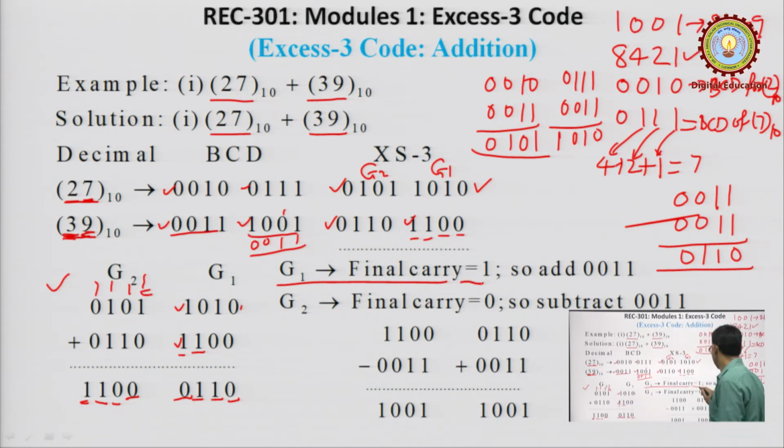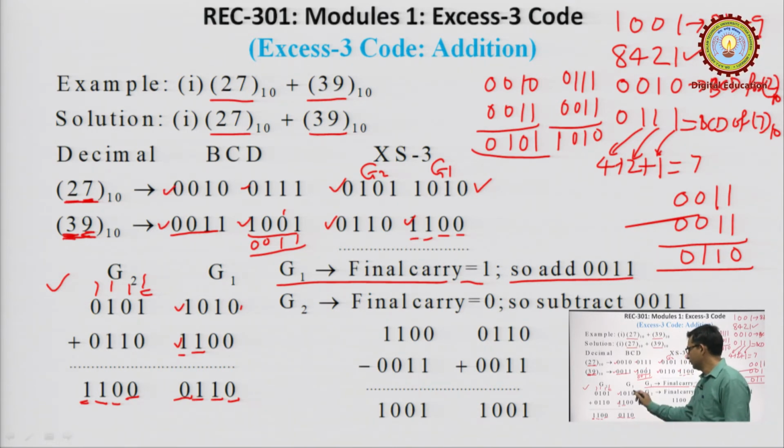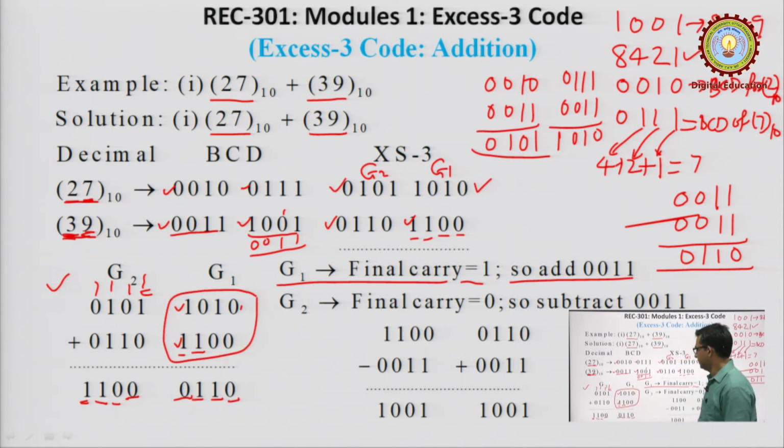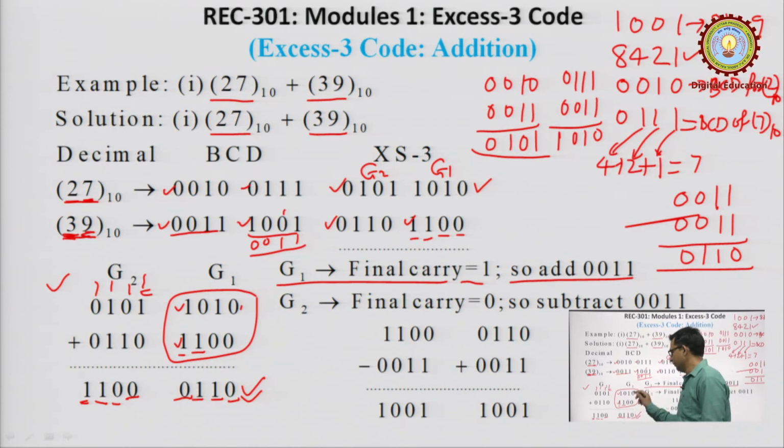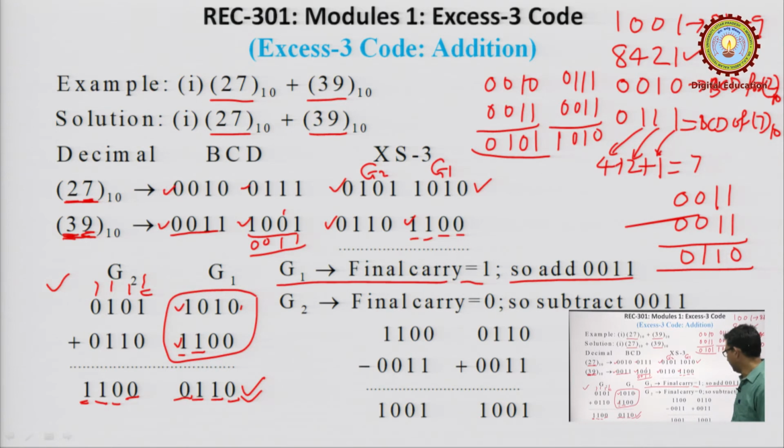So, add 0011, meaning binary equivalent of 3, with this group, whatever sum we achieve from adding these two numbers, add 3 in this one. Okay. So, the sum of group 1, if we add 3, we will get the final answer.